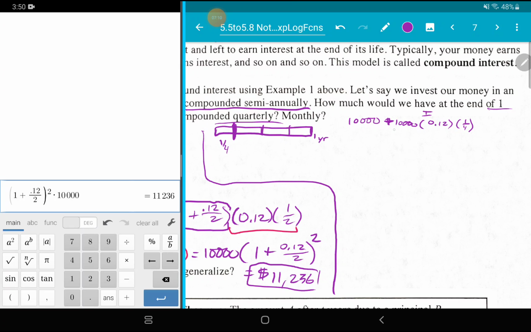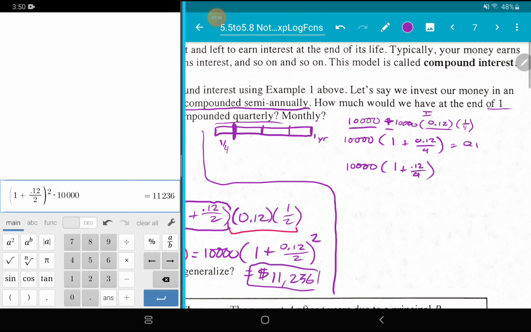Okay? As we factor out the 10,000, we see now that we have 1 plus 0.12 divided by 4. Okay, so this is going to be after quarter 1. Then we're going to have to take this amount, 10,000 times 1 plus 0.12 over 4.